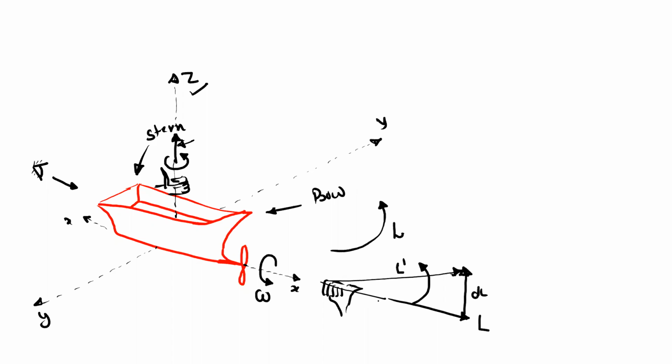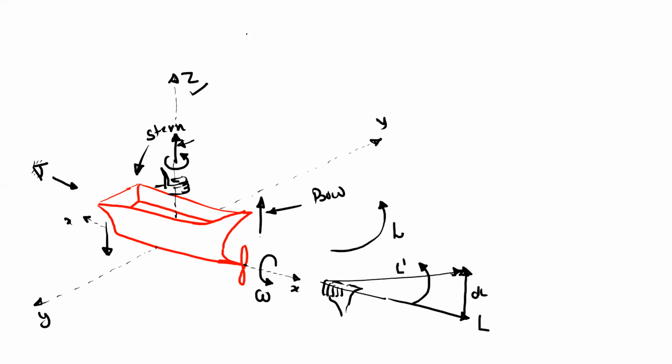Okay, so it will try to rotate the shaft which was along L to L dash. So the effect will be the bow end will move in the upward direction, and the rear end will move in the downward direction. So this is the effect because of the gyroscopic couple while taking the left turn.